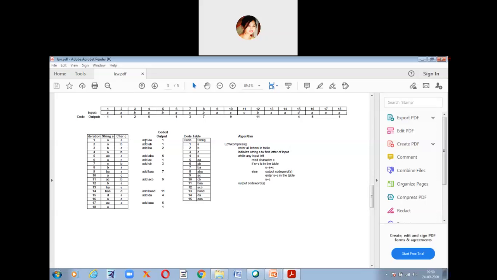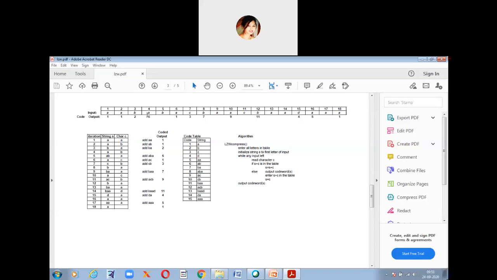When we add AA, we get 1. Again, when we get AB, we get 1. We get BA, this is 2. This is not literally adding up, as in 1 plus 2 equals 3, 2 plus 3 equals 5. You just have to take the initials, the starting letter of the string, and take their output here.